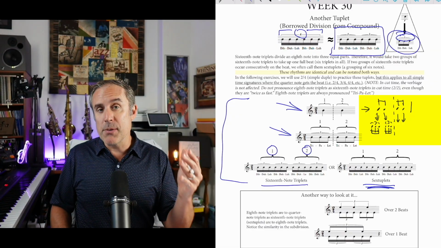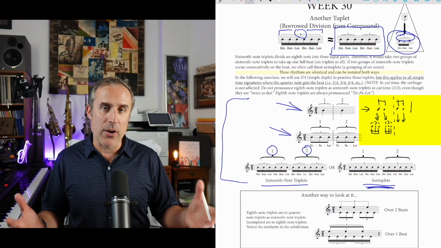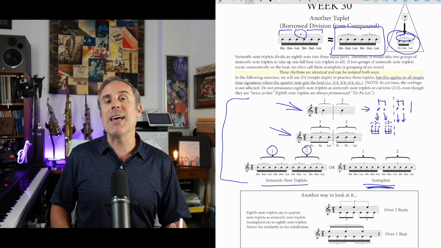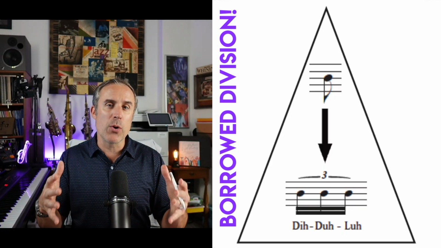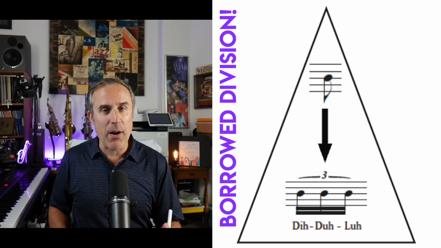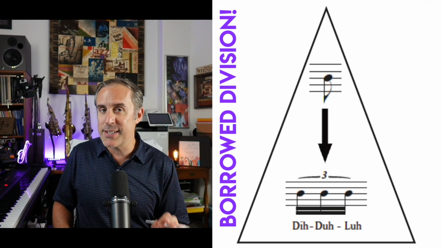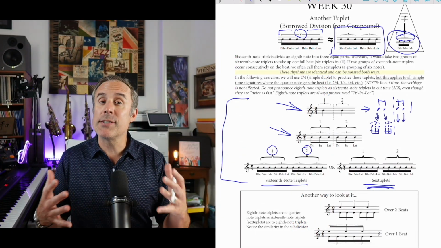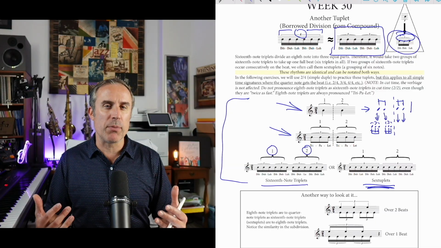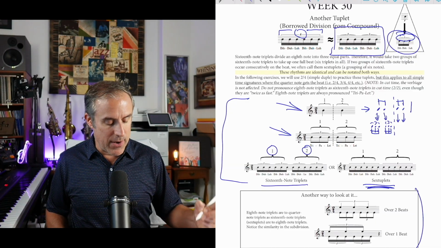Now, the most important part mathematically to know here about 16th note triplets is that 1 eighth note can be divided into 3 equal parts, and those 3 equal parts are indeed your 16th note triplets. And if you want to think a little bit more about the subdivision of how 16th note triplets work, you can look at this diagram down here at the bottom.